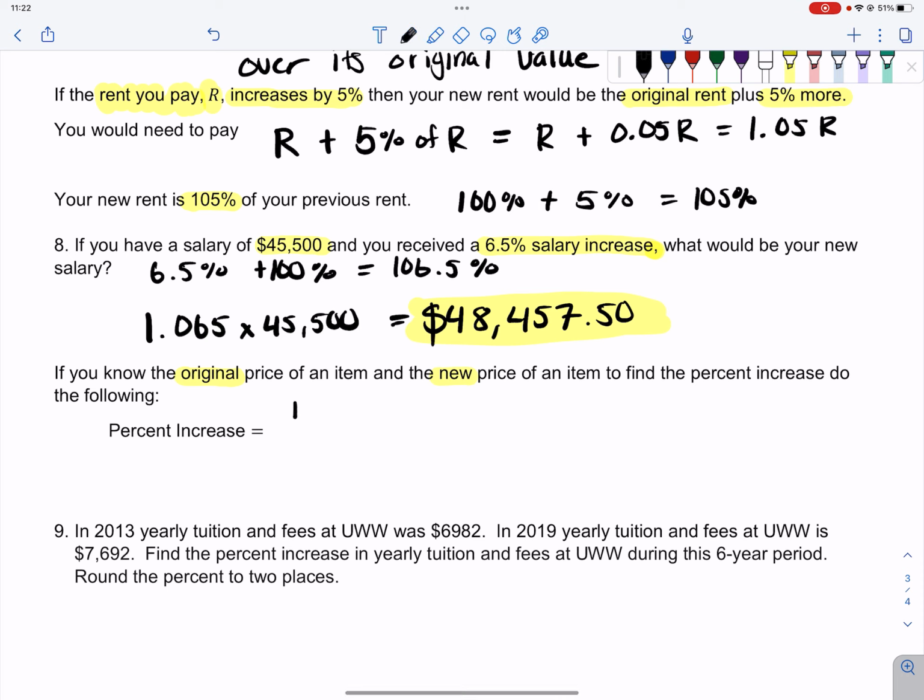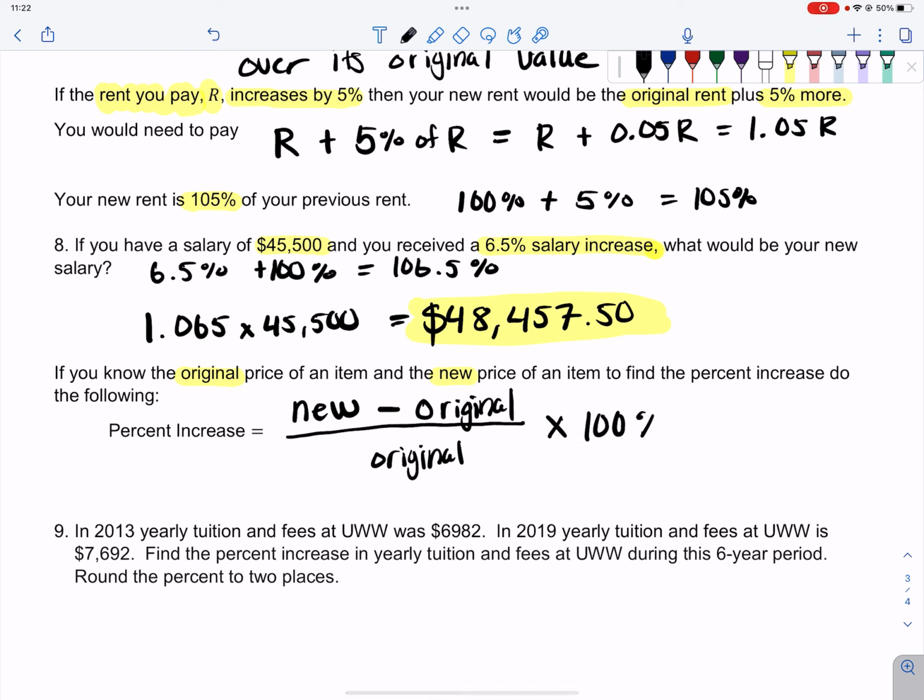It is simply just the new value minus the original value. And then we need to take that, divide it by the original, and then that gives it to us in the decimal format. So to put it in the percent format, we just need to multiply by 100%.